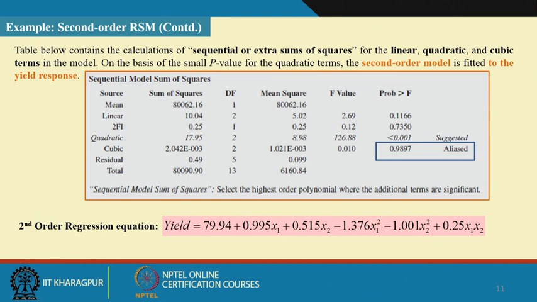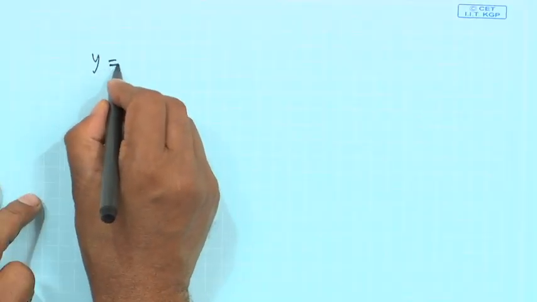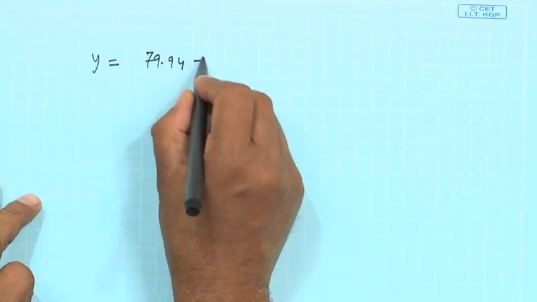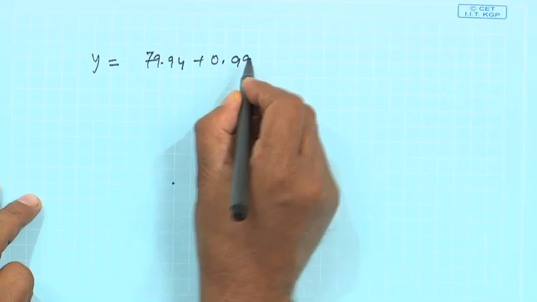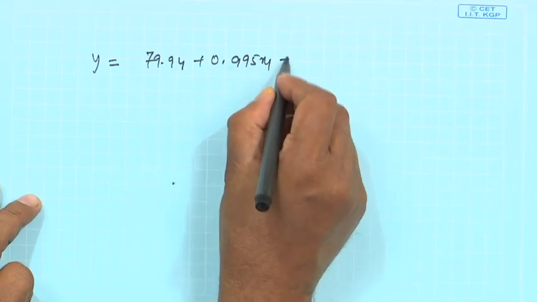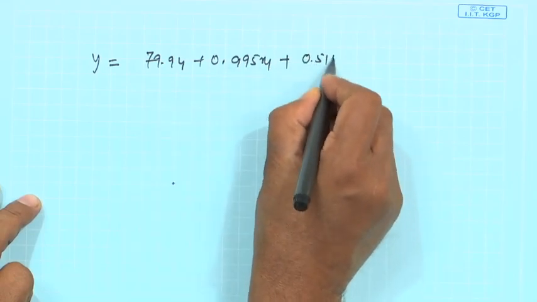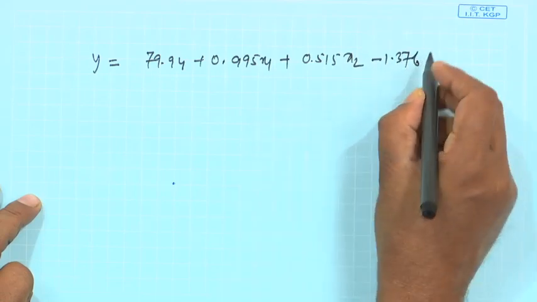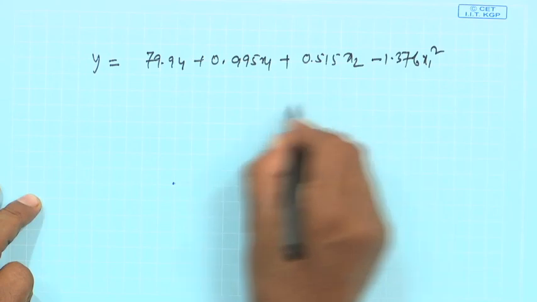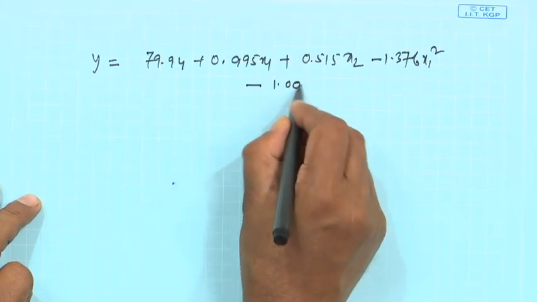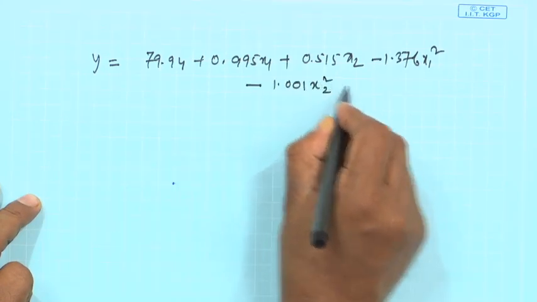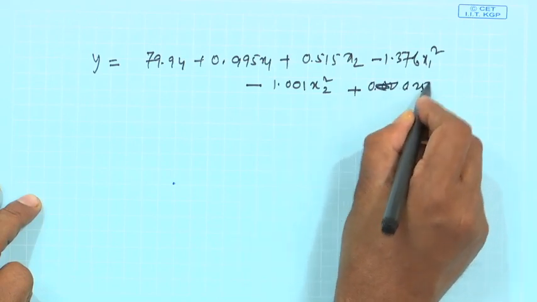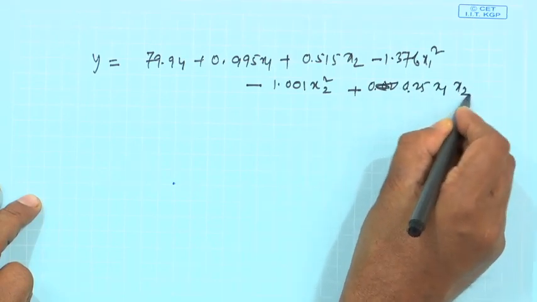For the example, y, which is basically yield, is 79.94 plus 0.995 x1 plus 0.515 x2 minus 1.376 x1 square minus 1.001 x2 square plus 0.25 x1 x2.